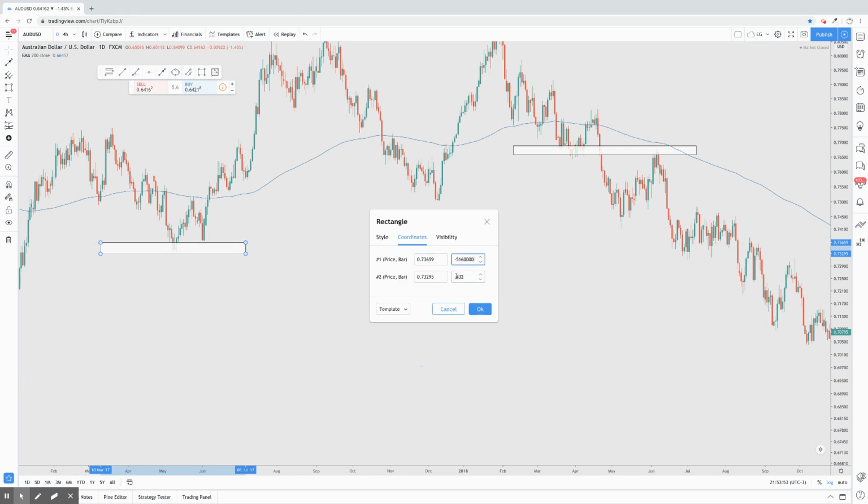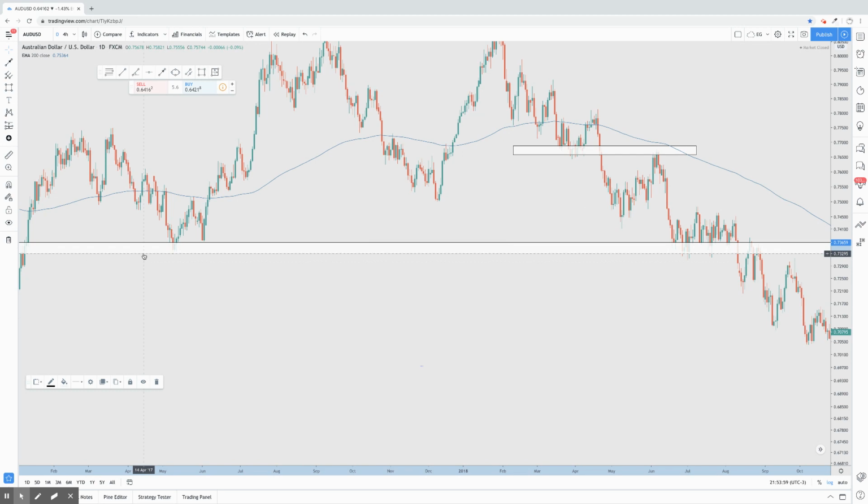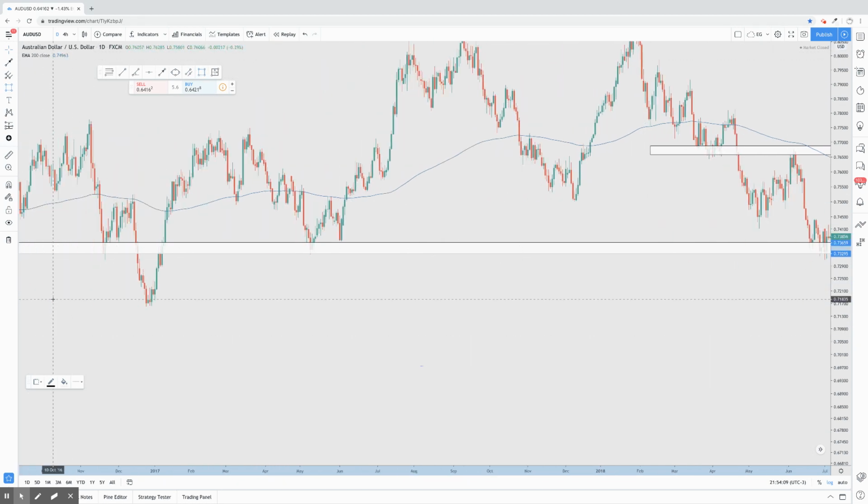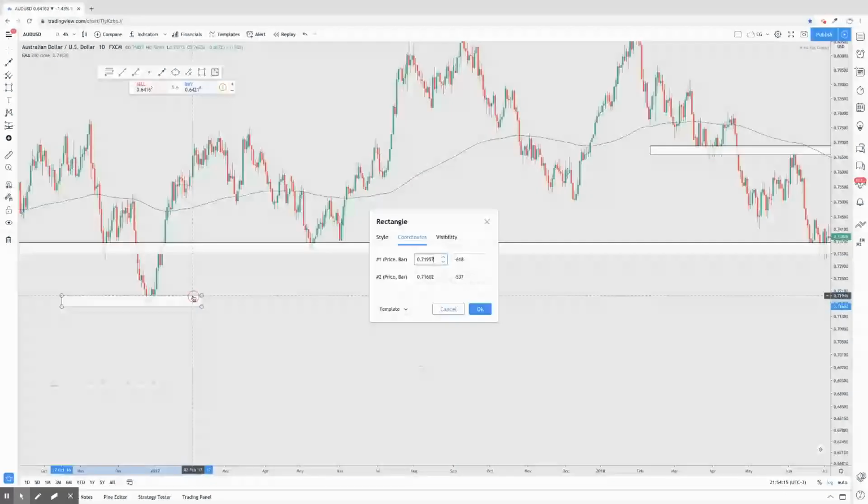And then we're going to extend this. All I did was go back to previous price action. You want to go back to the most recent price action too. So I'm going to look for a recent support. And then we can say, okay, this will be another one here, right? And then we're going to extend this.